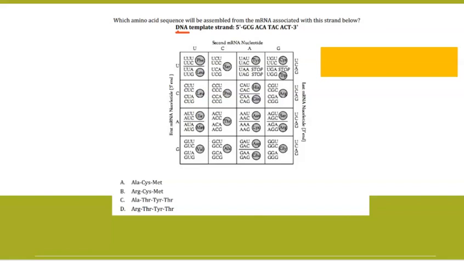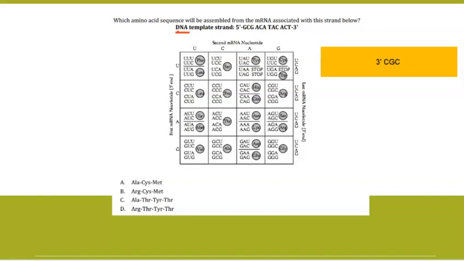So if it's 5' here, I will have a 3' on my RNA sequence. The first one is GCG. For every G I have a C. I have to write the complementary sequence, then G and C. I hope you know this. I'm just writing the complement.